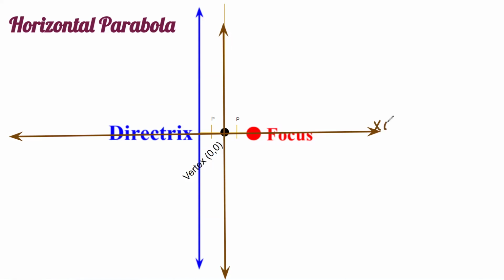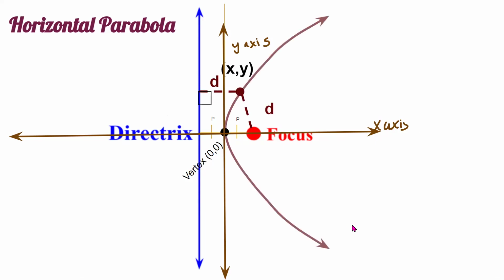So here's the x-axis. Here's the y-axis. It happens to be horizontal because it opens towards my x-axis. Again, it has the same distance away from that point, creating the parabolic figure. The vertex is either going to be furthest to the left or furthest to the right. It's going to make much more sense once we start applying it.